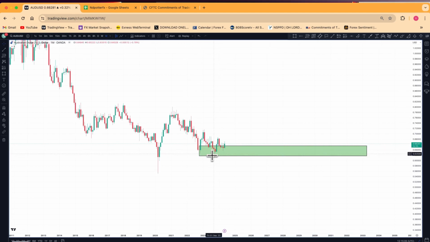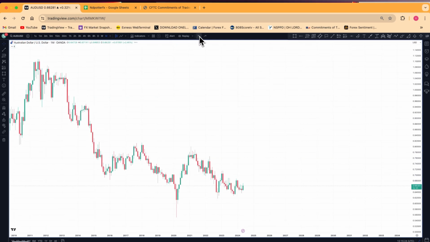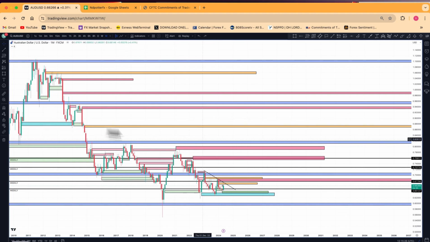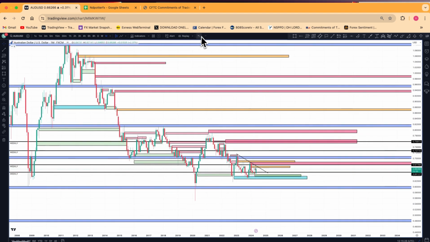So if this month ends up, maybe this market pushes and this month ends up closing around here with no weak candle, I expect next month to be another bullish candle. So I hope you guys understand this now.